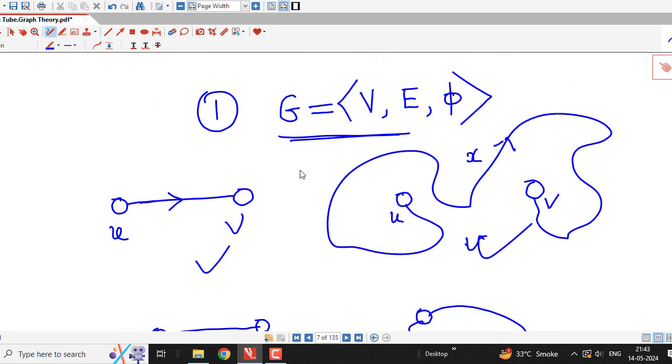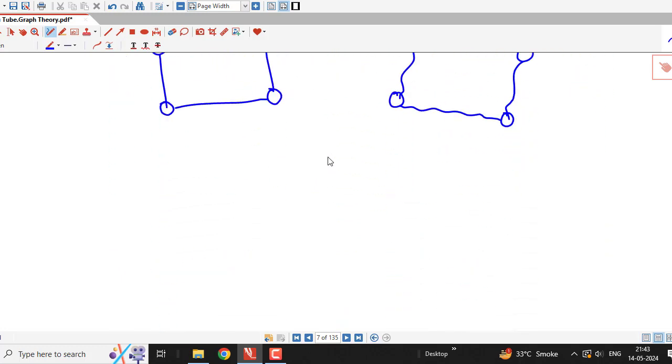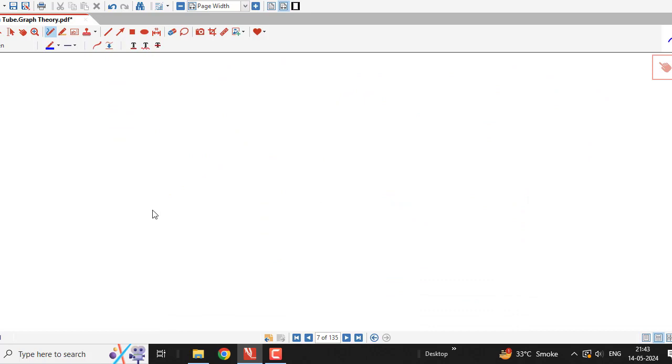And we have understood the definition of directed graph and undirected graph. A graph in which every edge is directed is called a directed graph. A graph in which every edge is undirected is called an undirected graph. And if we have a mixture of directed and undirected edges, then the graph is called a mixed graph.